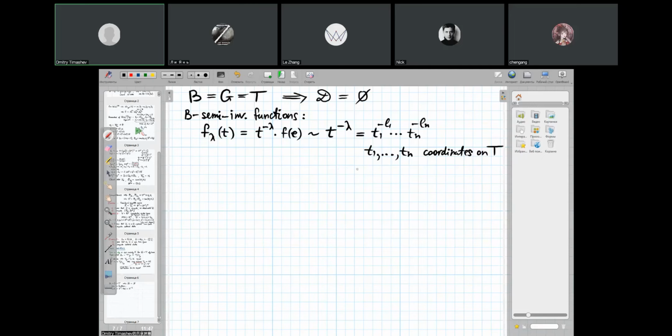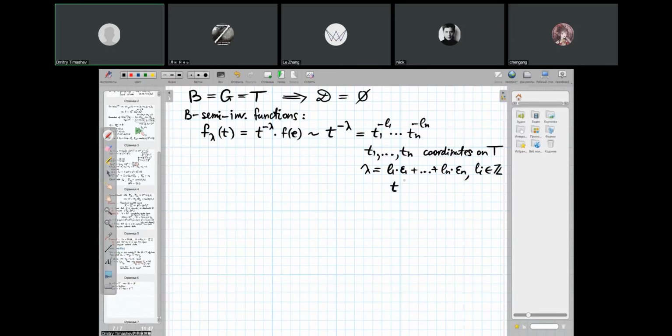So we can write that lambda is L1 epsilon 1 plus etc. plus Ln epsilon n, where these Li's are integers, and epsilon 1, ..., epsilon n are basis characters, which we already have seen in the first example in this lecture.